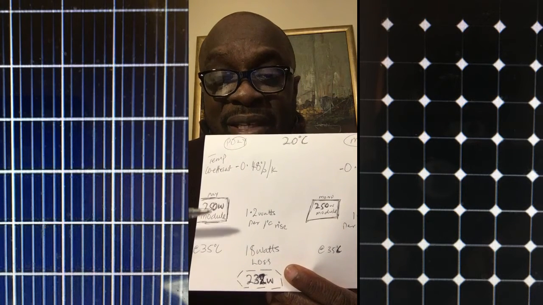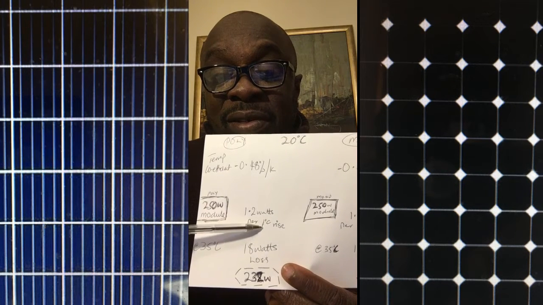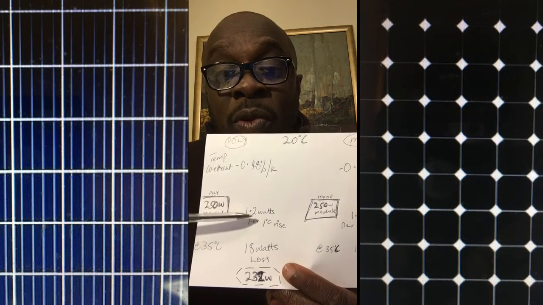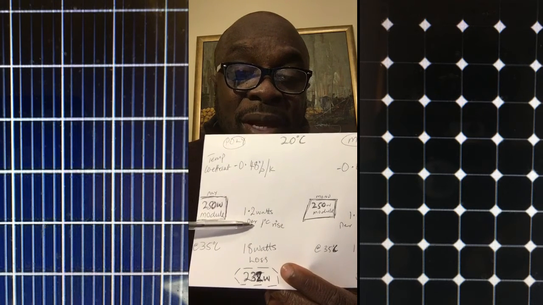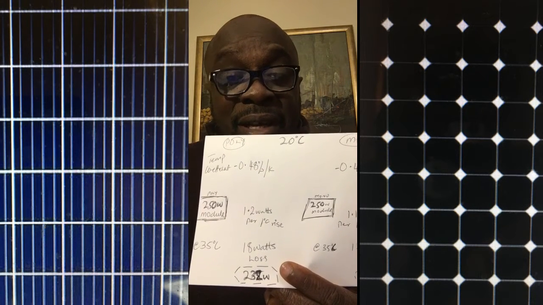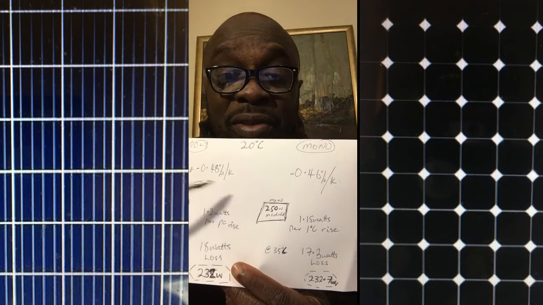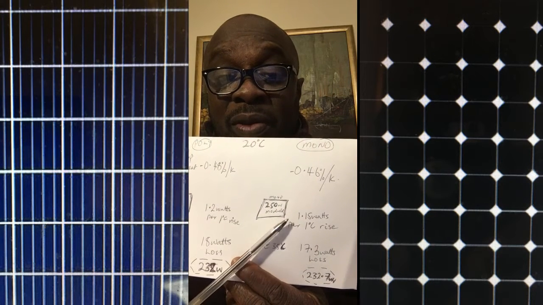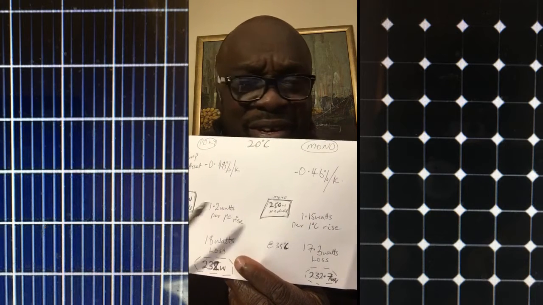So what it means is that for every 1 degree increase in temperature, we will lose 1.2 watts per degree centigrade increase. Whereas for the mono it's 0.46, which means that we will be losing 1.15 watts. Can you see the difference?